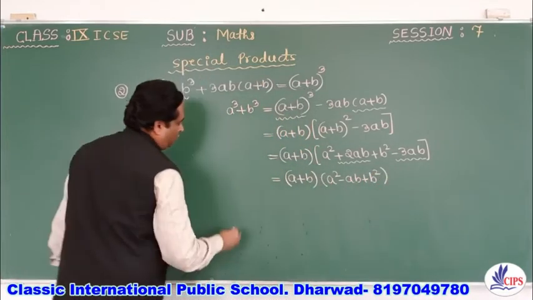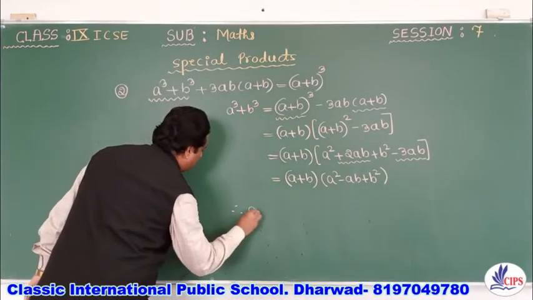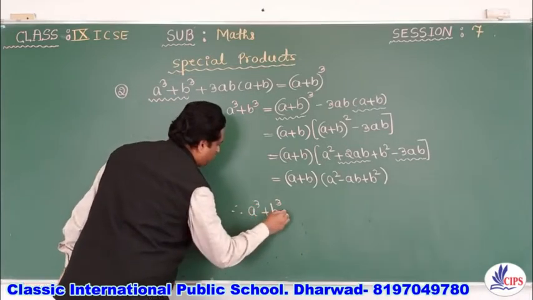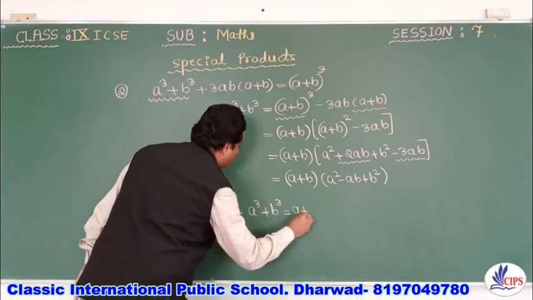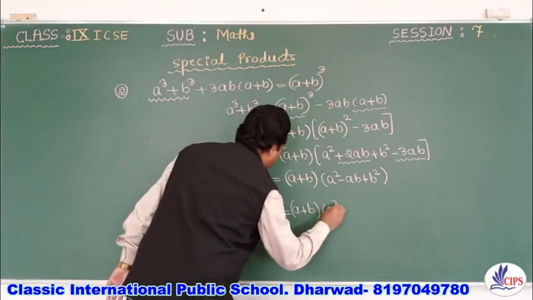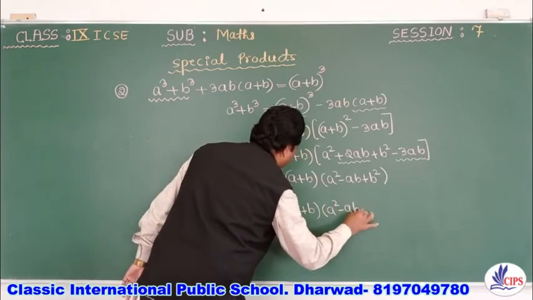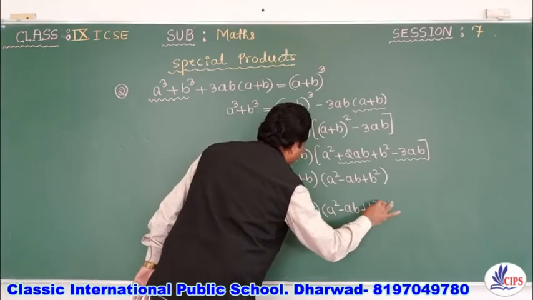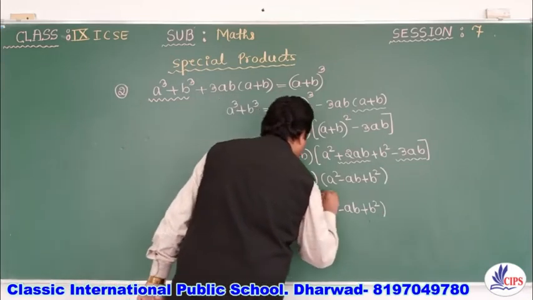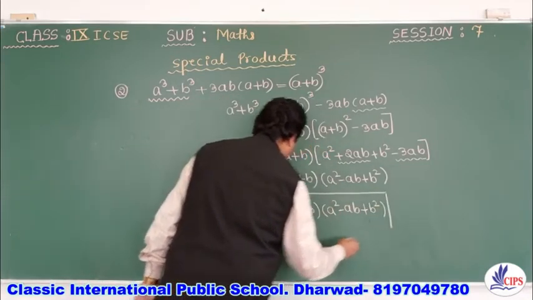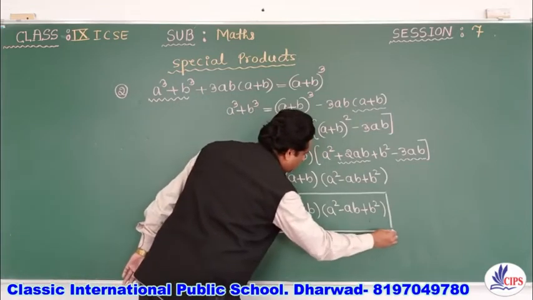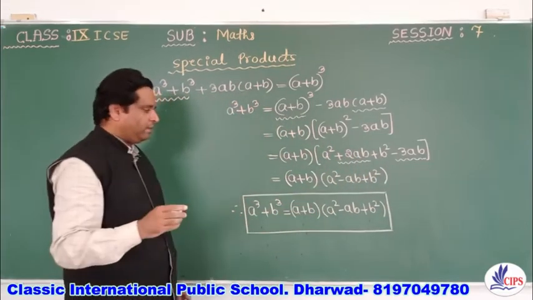Therefore, directly you remember a³ + b³ = (a + b)(a² − ab + b²). This is the expansion of a³ + b³, which is one of the special products you have to remember.